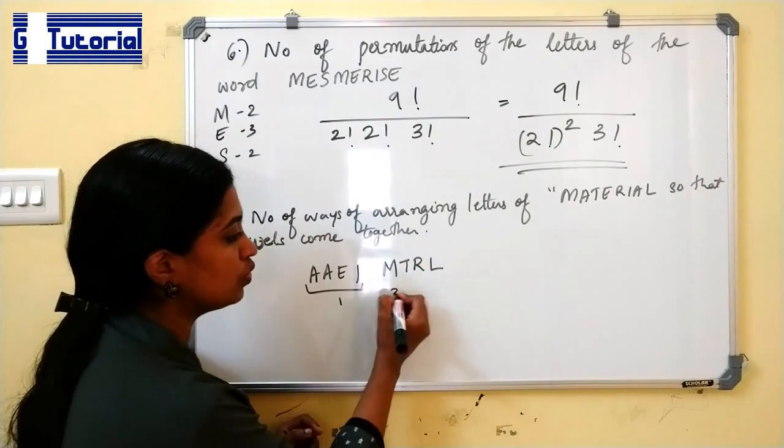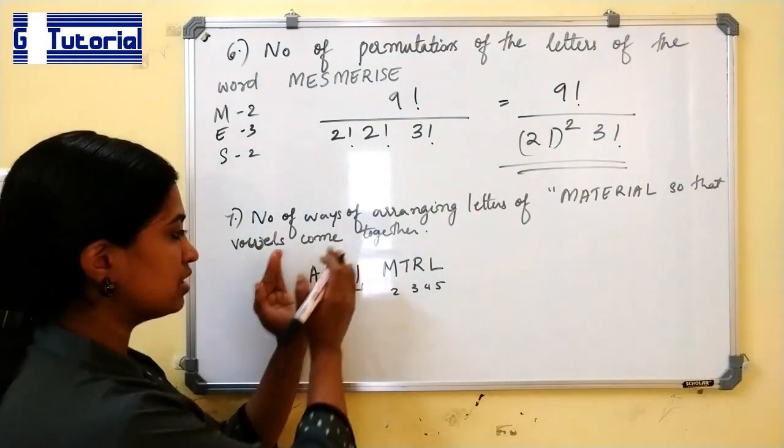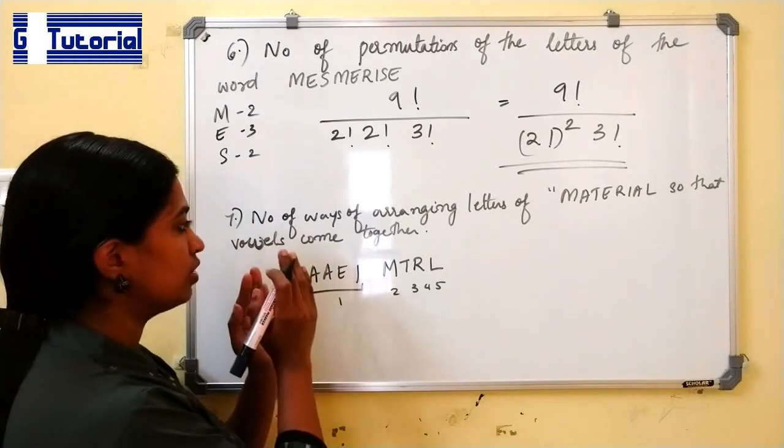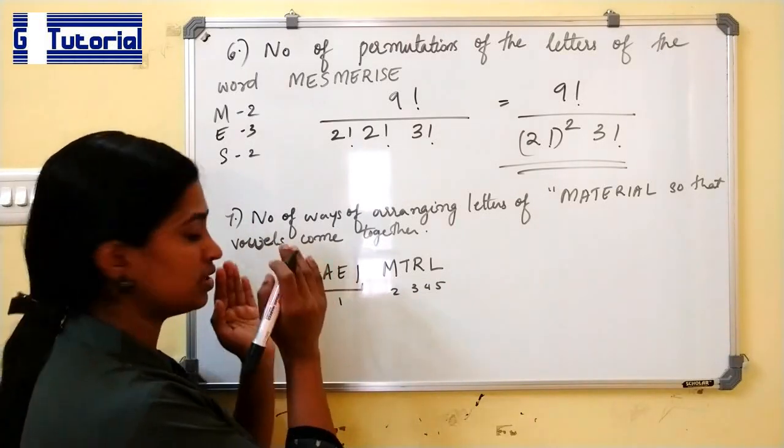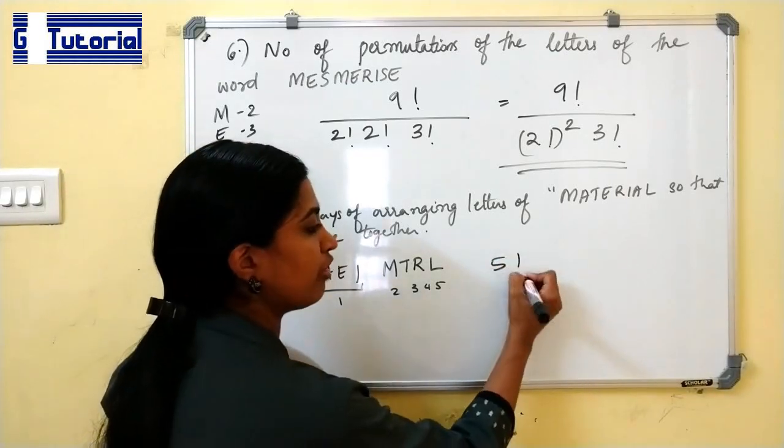So, 1, 2, 3, 4 and 5 letters are present. We are considering the vowels as a unique one. So, the possible ways of arrangement is 5 factorial.